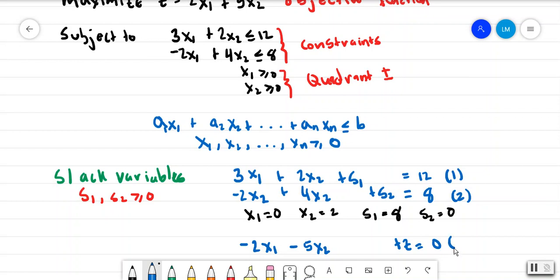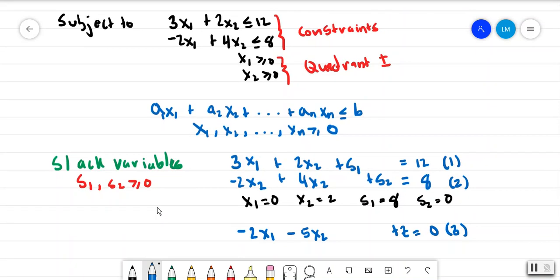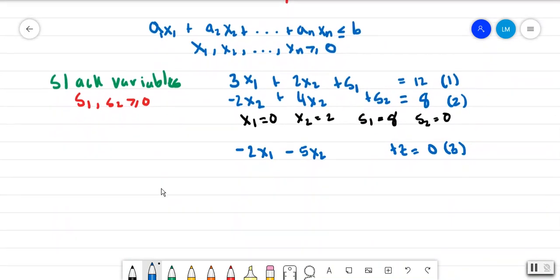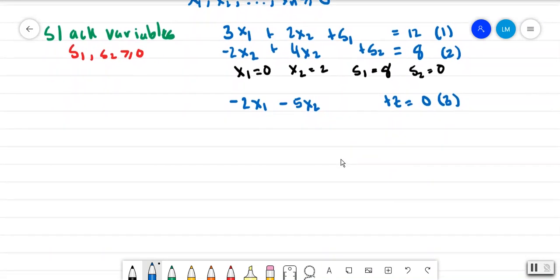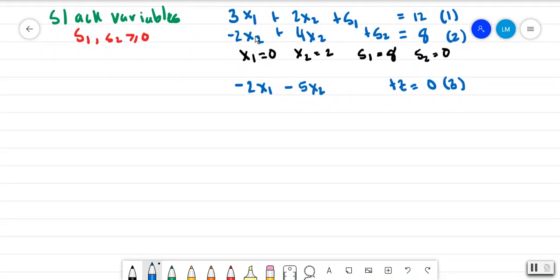In actuality, this is more like a third equation. Just to recap, all I did was rewrite the objective function as a linear equation. Now, notice that there are a few variables that we can tabulate. So the next step is to introduce what is called the simplex tableau.